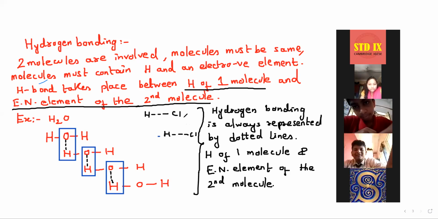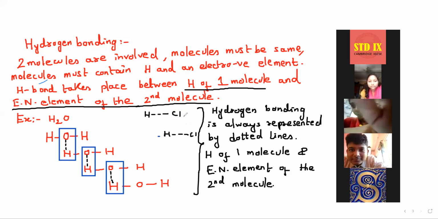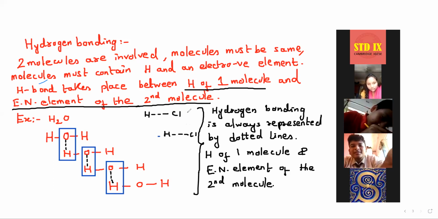So you have to find the dotted lines. Dotted lines mean hydrogen bonding. Is that clear to all of you? Yes, sir. Sir, should there be a hydrogen in every reaction? Every one hydrogen and the other electronegative element. Yes, sir.